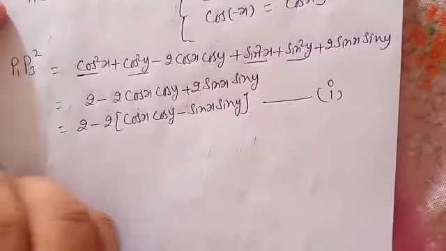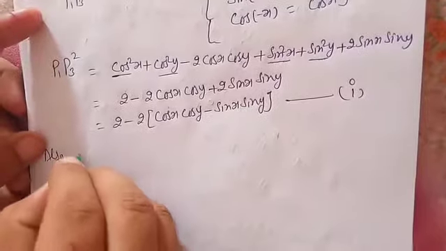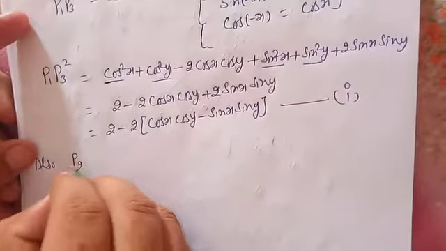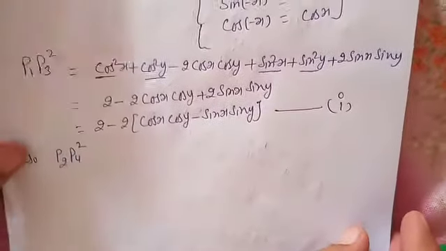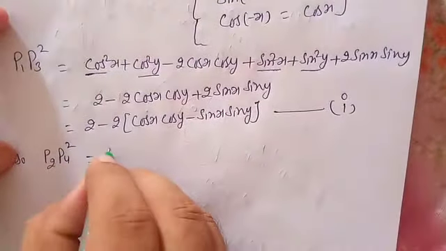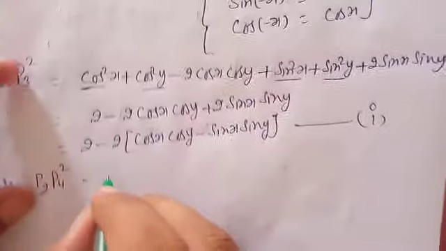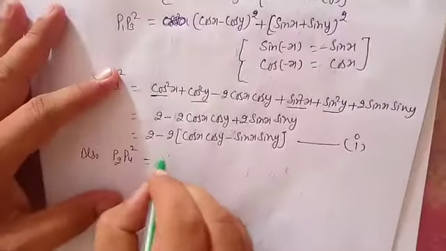Similarly find out P2P4 whole square. So this also like this. What's the x coordinate here? P4 is 1. So 1 minus P2.